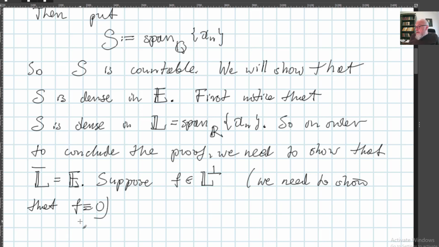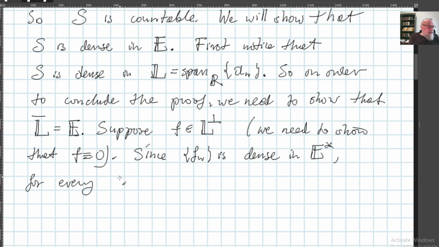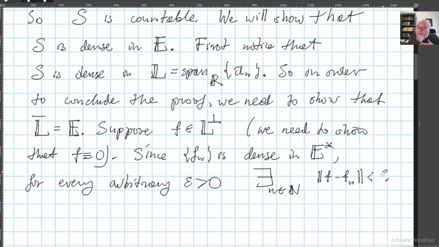Okay, so what do I know? Since the sequence Fn is dense in E star, for every arbitrary epsilon larger than 0, there exists an n belonging to N such that the norm of F minus Fn is smaller than epsilon.